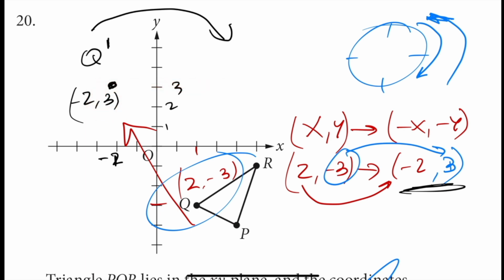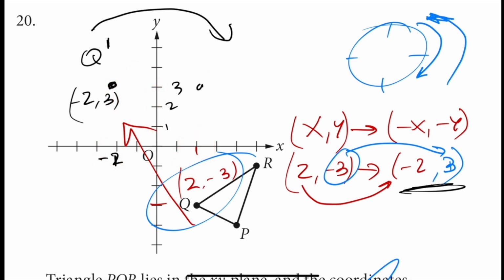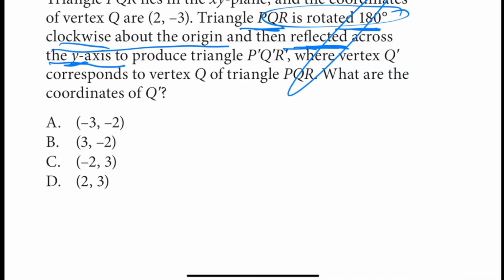Now, if I am 2 away from the axis, because I'm at negative 2, then by reflecting, I'm going to go to positive 2. So this point will be right here. So my point will be 2, 3. The one that gets reflected or changed is the x value. It goes from negative to positive. So my answer is 2, 3.